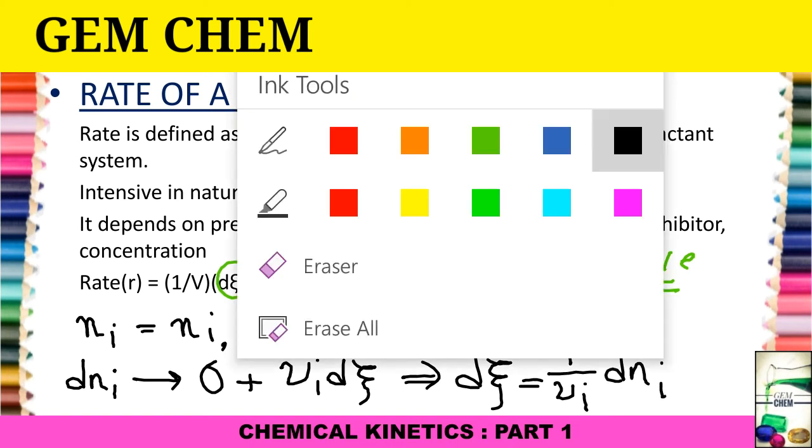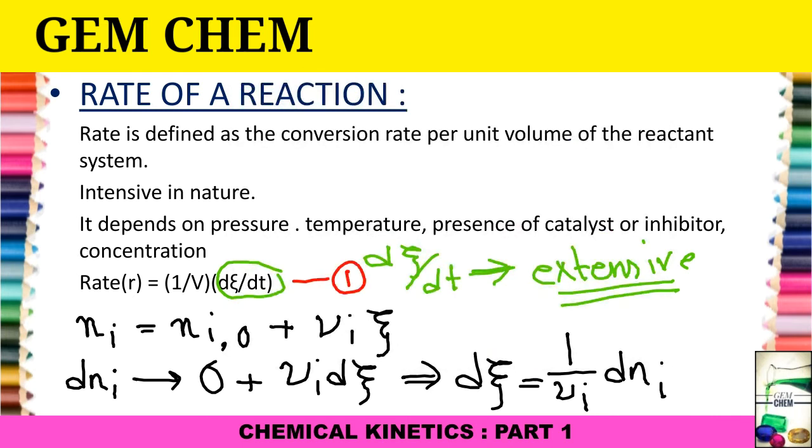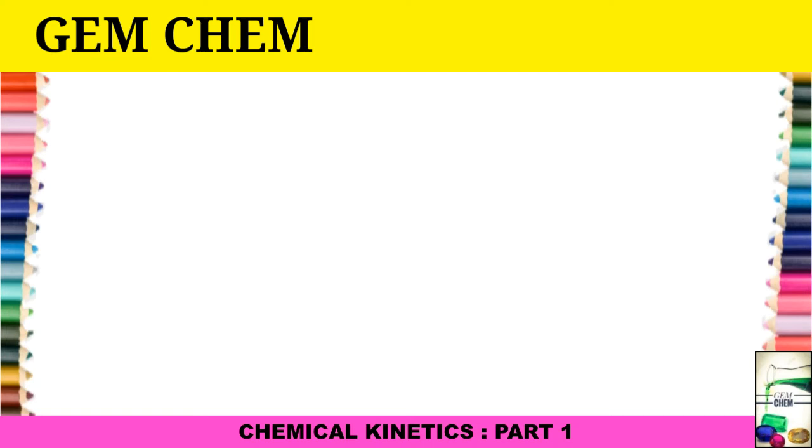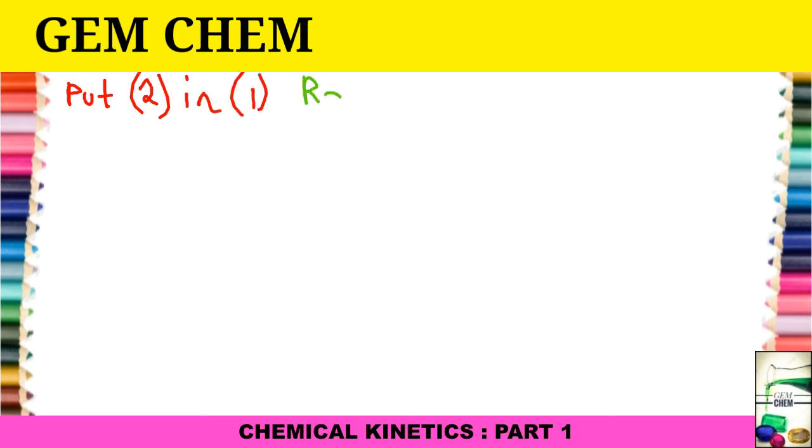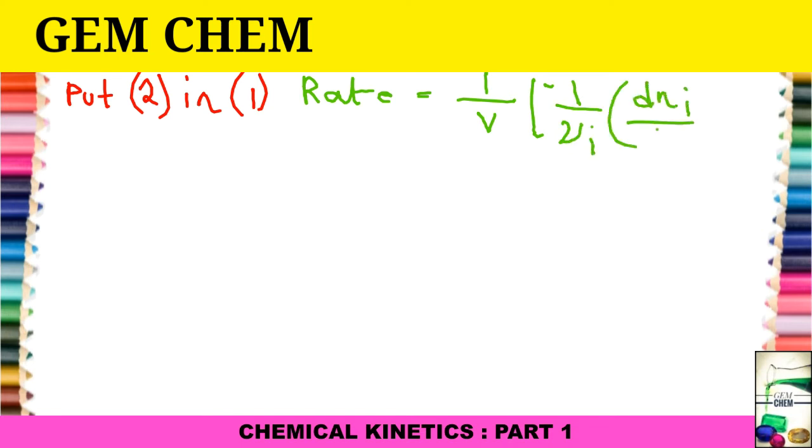So this one was our first equation and this is our second equation. Now we will put 2 in 1. So now the rate becomes like this. Rate equals 1 by V, 1 by nu i dNi by dt.